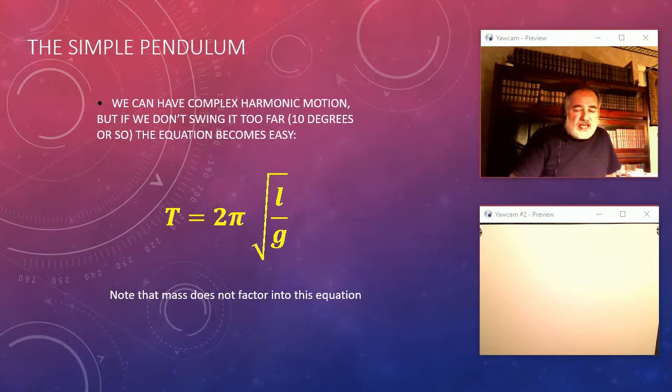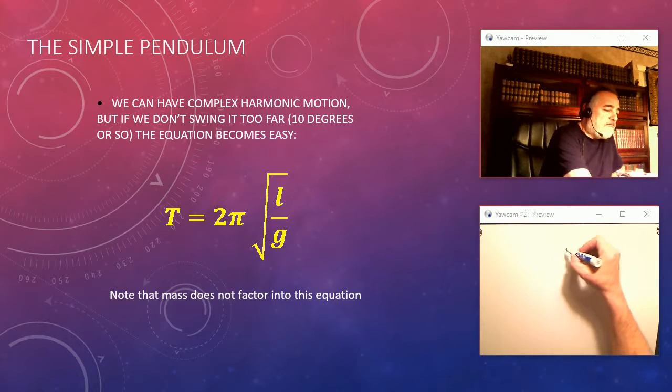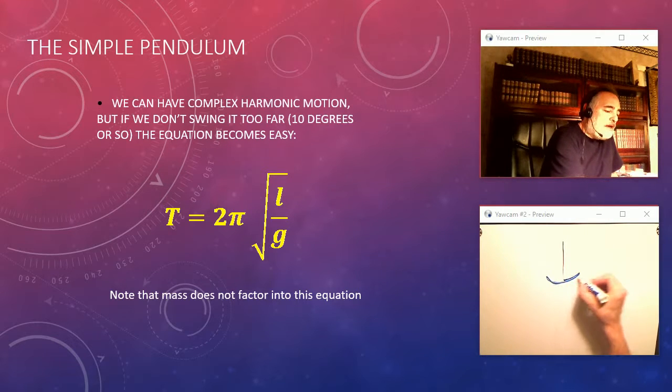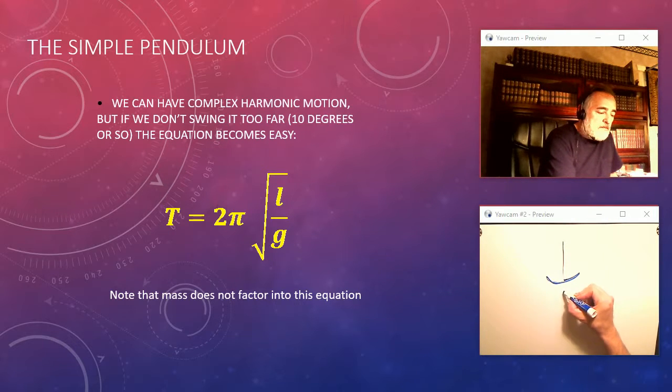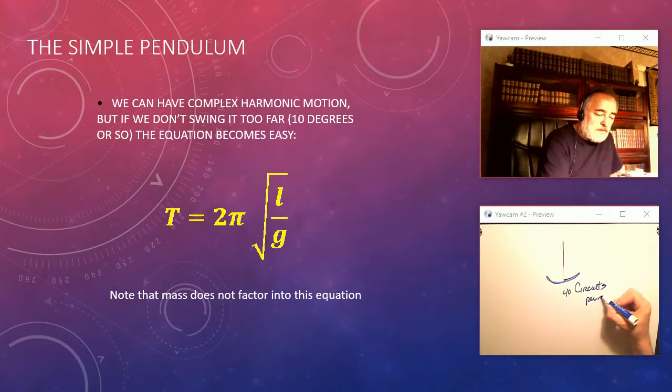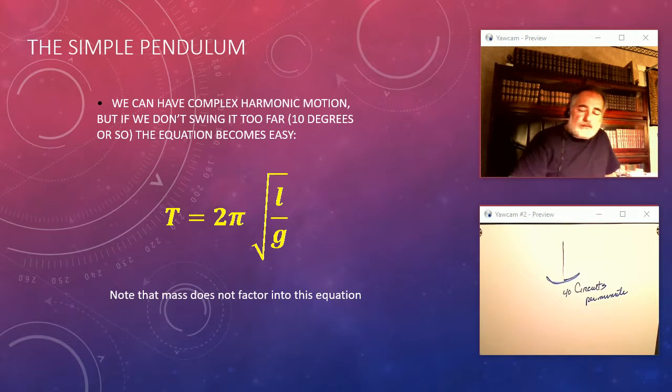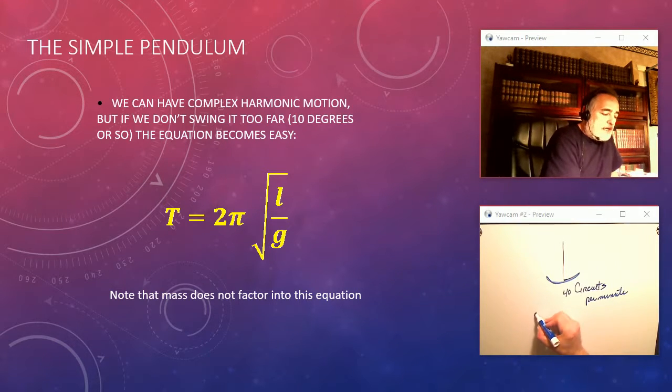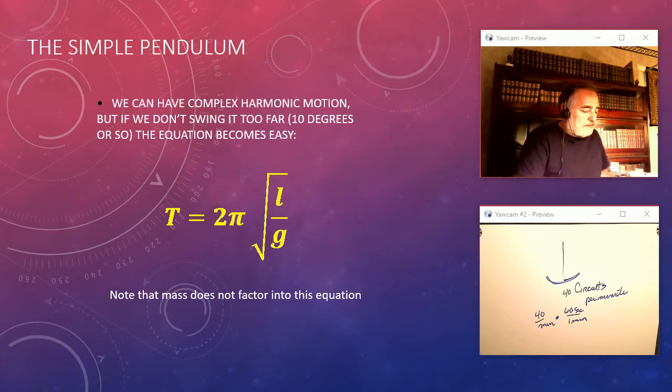And let's just say that we're having this moving at a rate where it's doing 40 circuits or ticks and tocks per minute. Well, obviously it's 40 per minute, and there's 60 seconds for 1 minute, right?